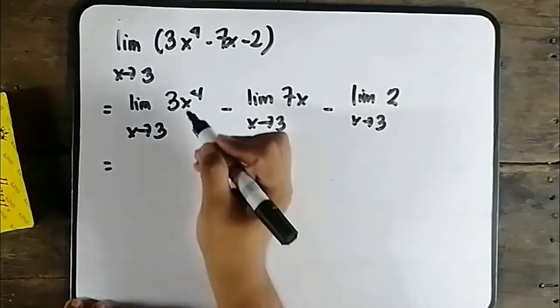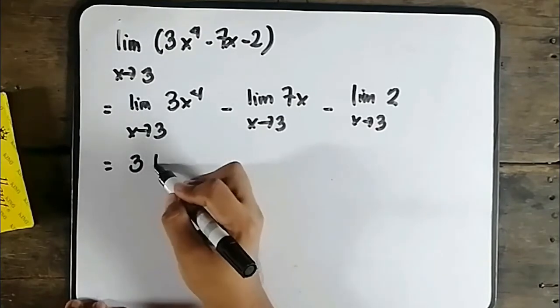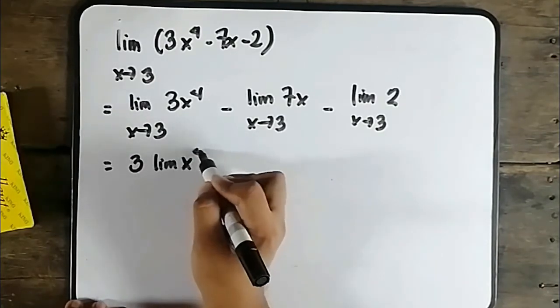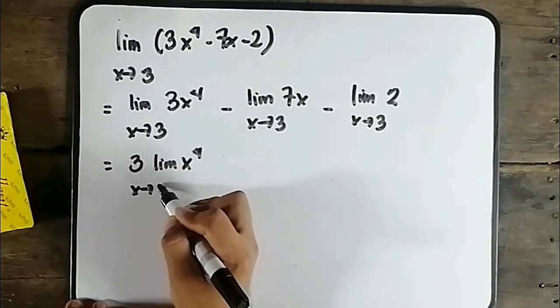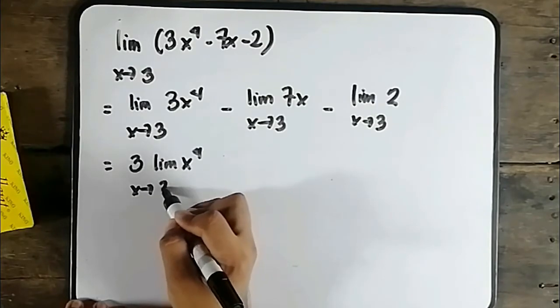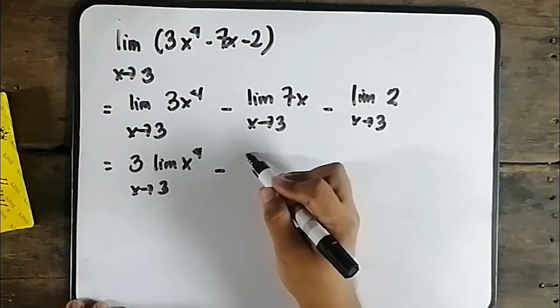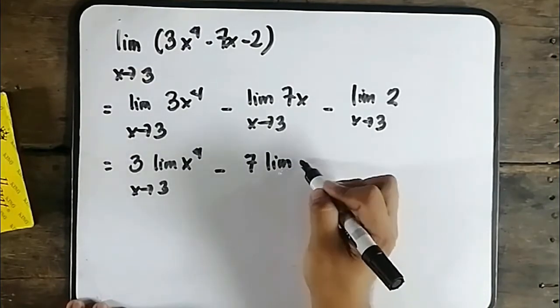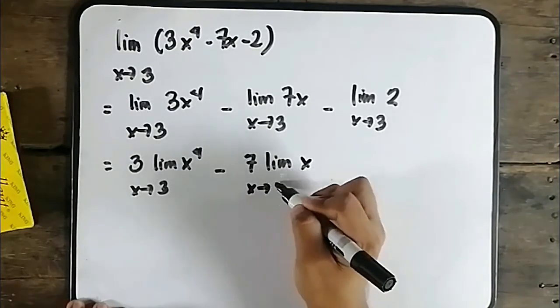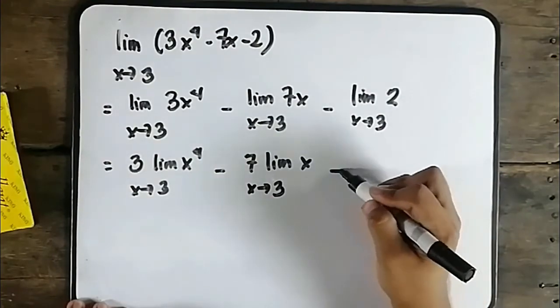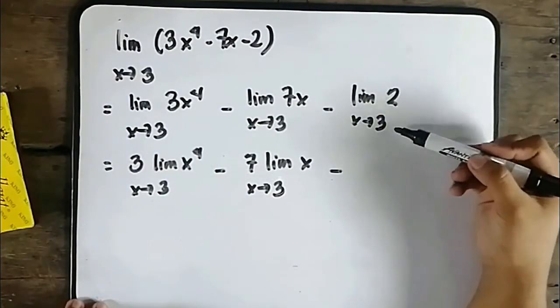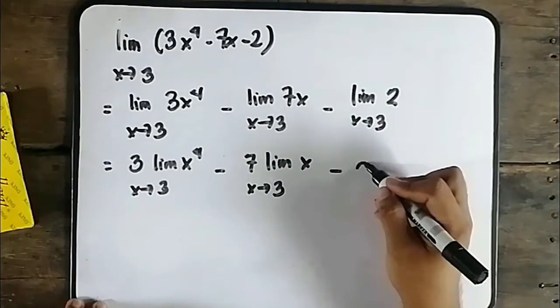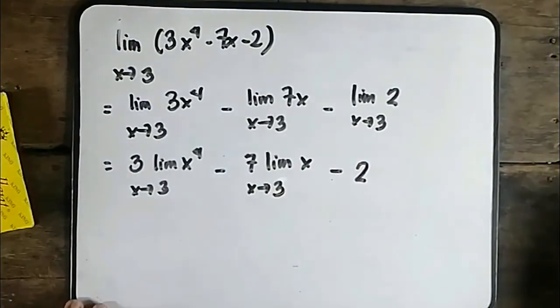By Theorem 4, pwede nating ilabas si constant, 3 times the limit of x raised to 4 as x approaches 3 minus 7 times the limit of x as x approaches 3 minus, by limit theorem number 2, this is 2, limit of a constant.